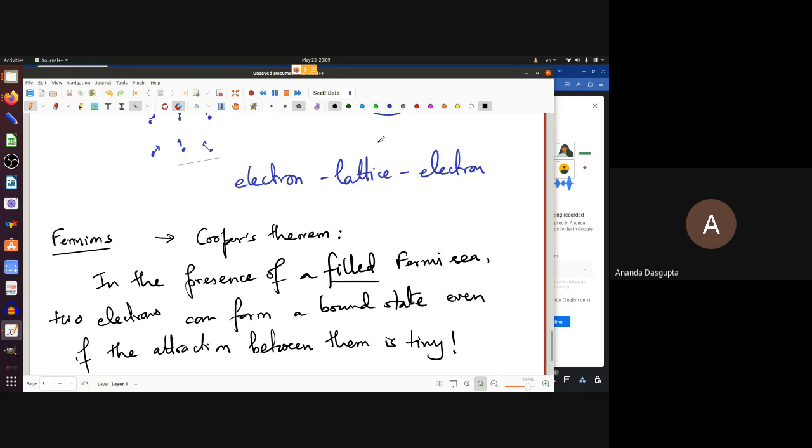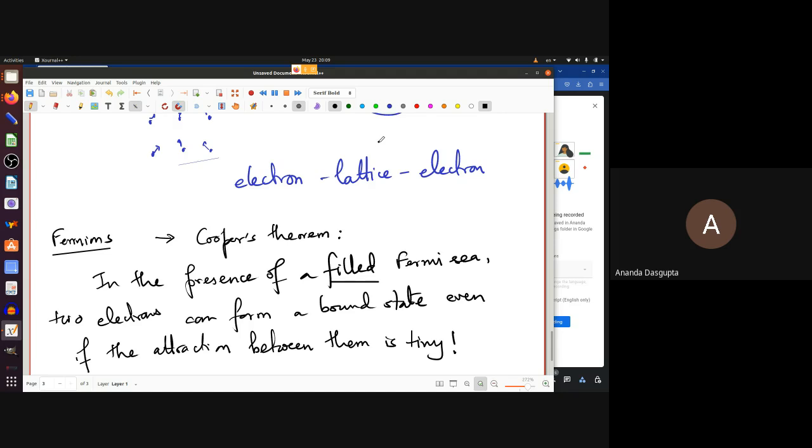Next day, we are going to prove Cooper's theorem. I'm assuming that you have not done a proof of Cooper's theorem before. Have you? If you have, then we can skip that and go on to the next topic, which is BCS theory. But have you proven Cooper's theorem before? No, sir.